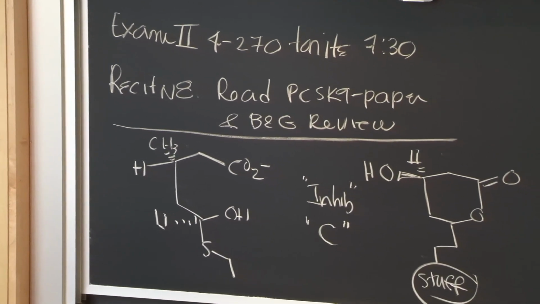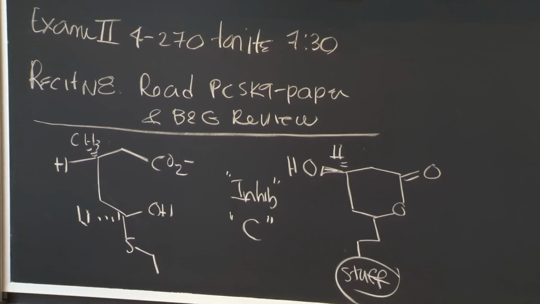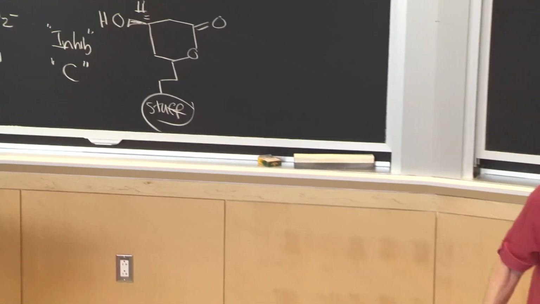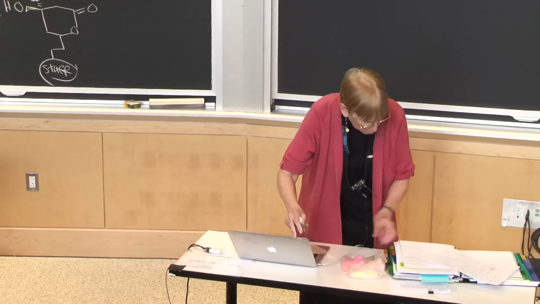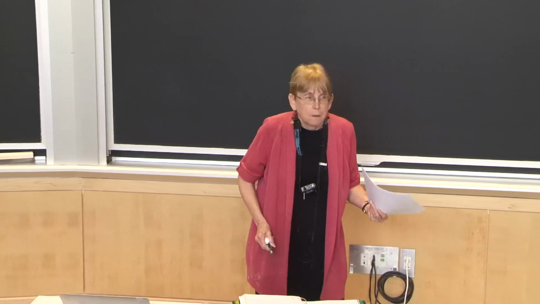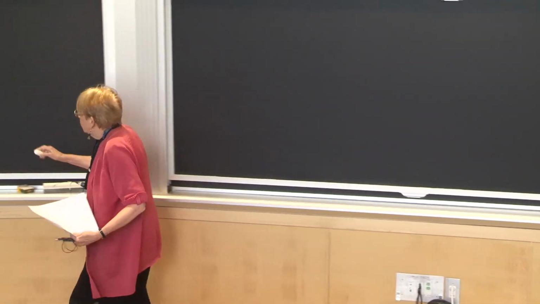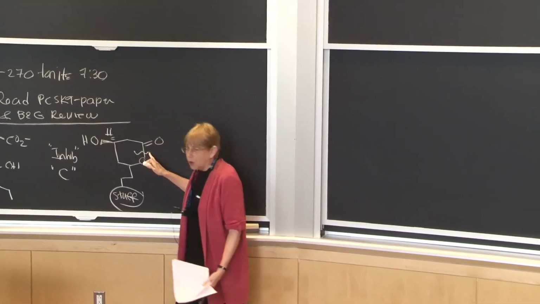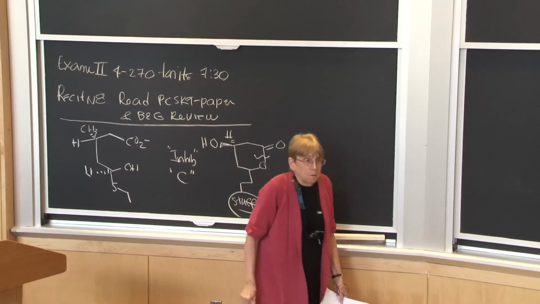And in general, lactones are actually given as the drug rather than the acid. Does anybody have any clue as to why that might be true? Why would you want to use this molecule as opposed to the ring open species, which would look like this?